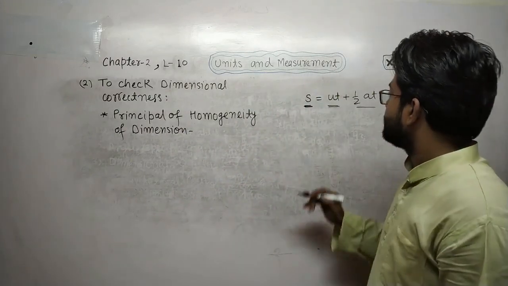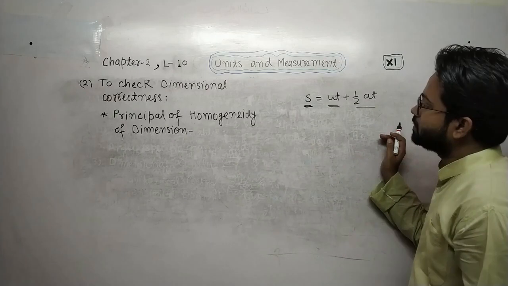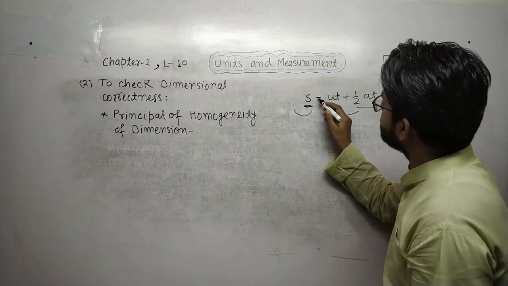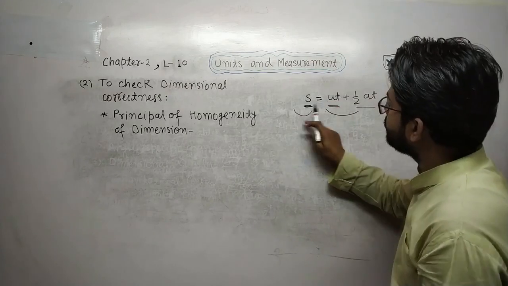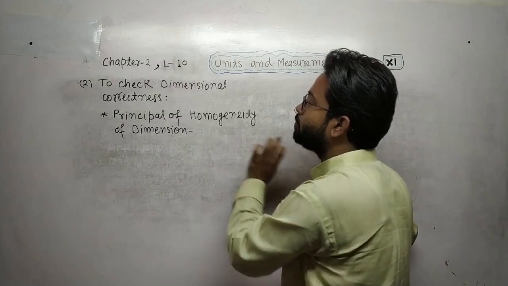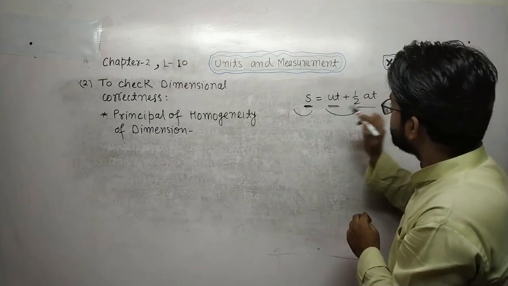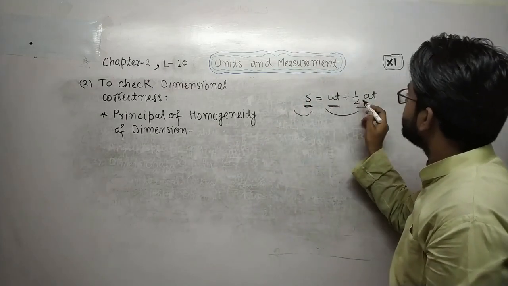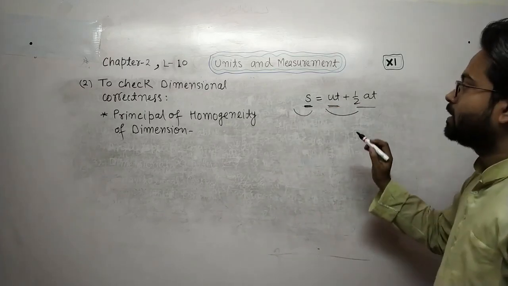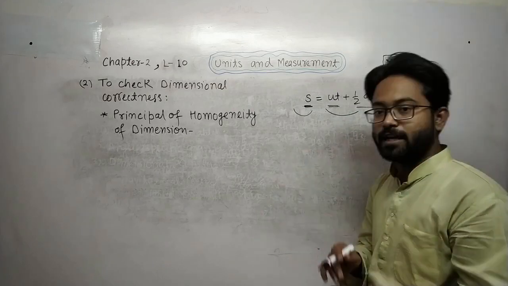In other words, if each side of the equal symbol has the same dimension, we can say that it is a homogeneous equation. Every term of the equation must have the same dimension.